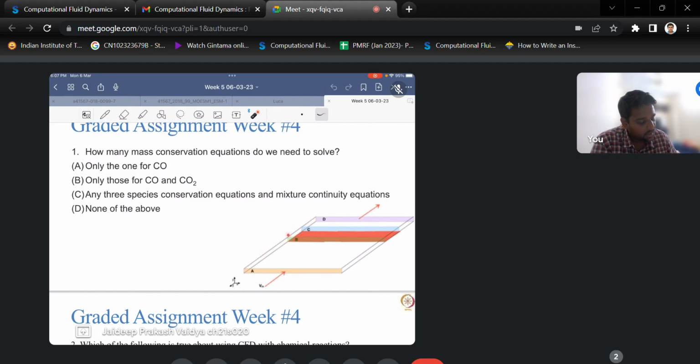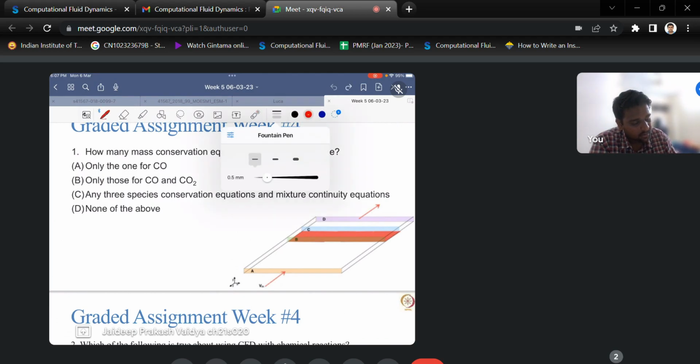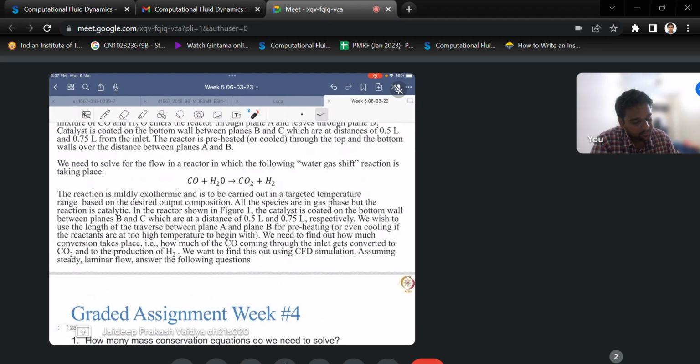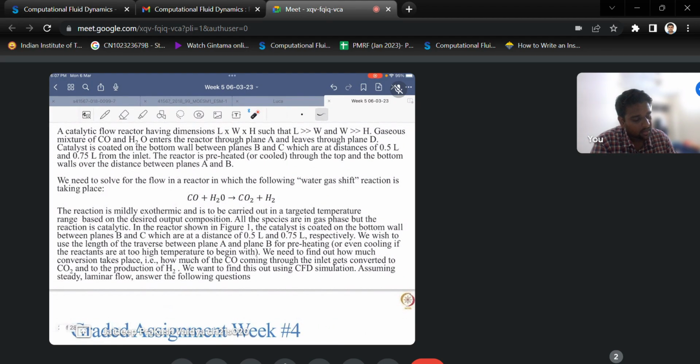So between B and C is where the catalyst is coated, and we need to understand that reaction takes place only in this region between B and C. The reactor is preheated or cooled through the top and bottom walls over the distance between planes A and B. They have not mentioned how the reactor is cooled, but in one of the questions we'll be solving for that.